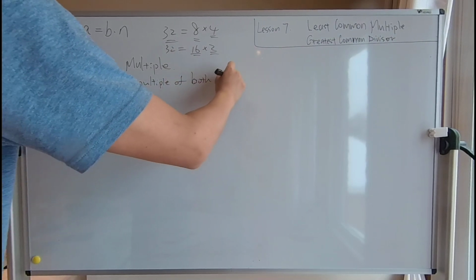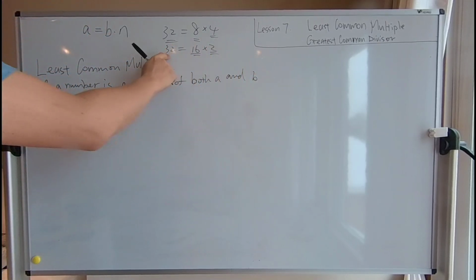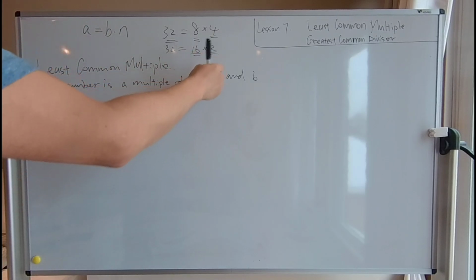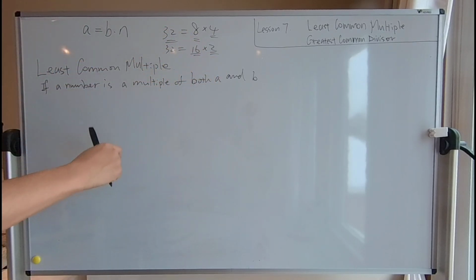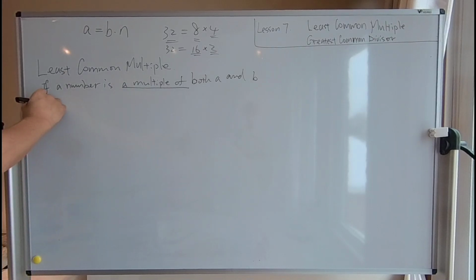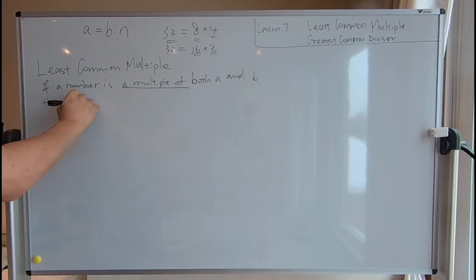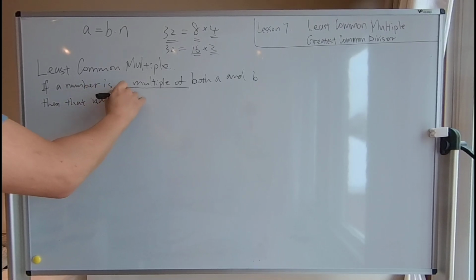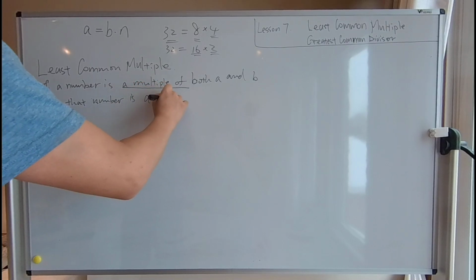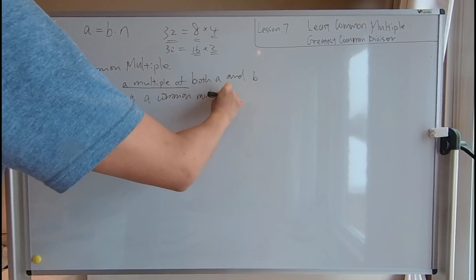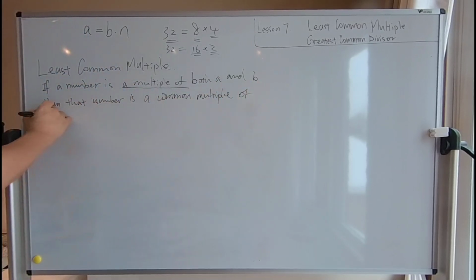both a and b, for example, 32 is a multiple of both 8 and 16, and it's also a multiple of 2 and 4. So if there's a number that is a multiple of both a and b, then that number is called a common multiple of a and b.